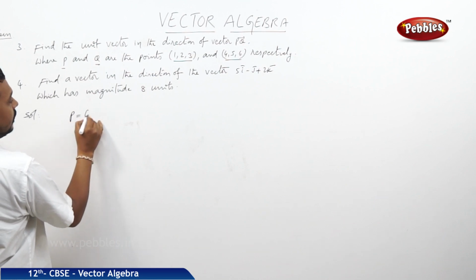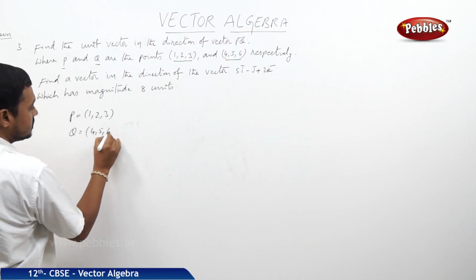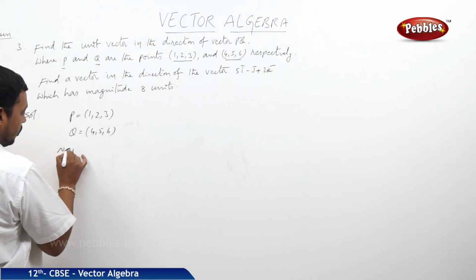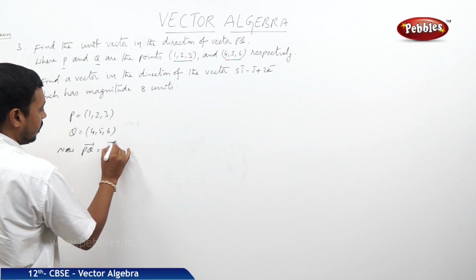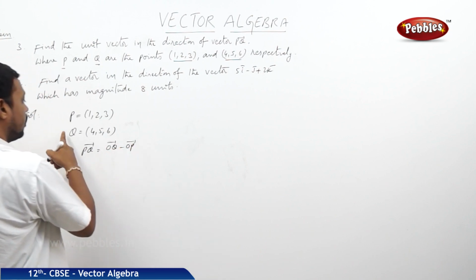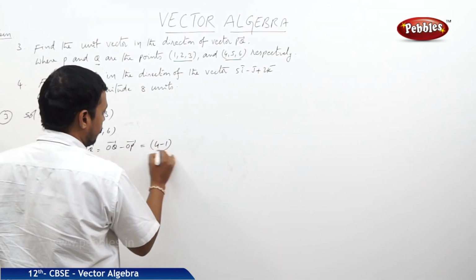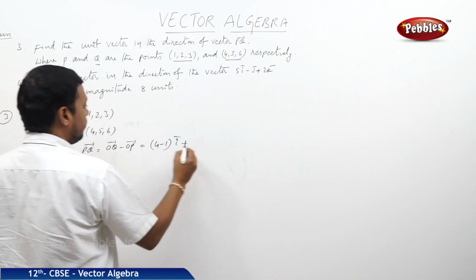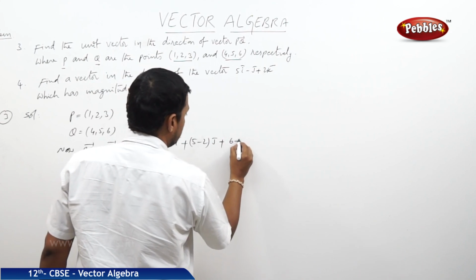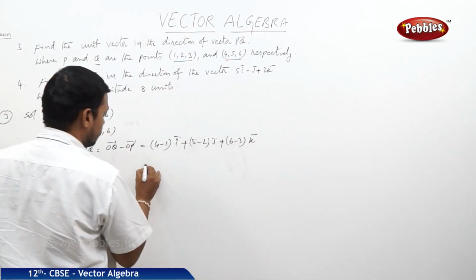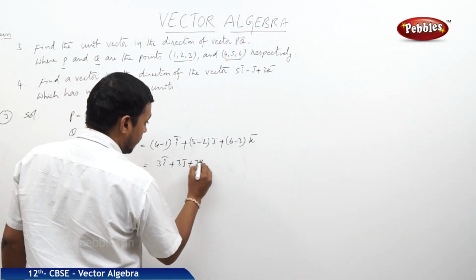The vector PQ is equal to OQ vector minus OP vector, position vector of Q minus position vector of P, that is 4 minus 1 into i vector, 5 minus 2 into j vector, 6 minus 3 into k vector, that is 3i plus 3j plus 3k.